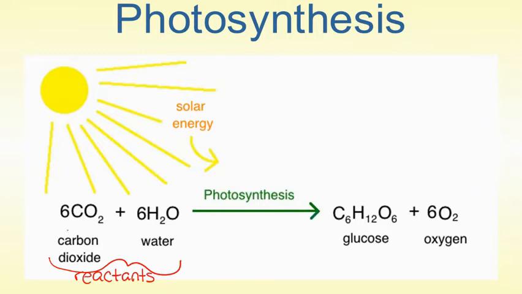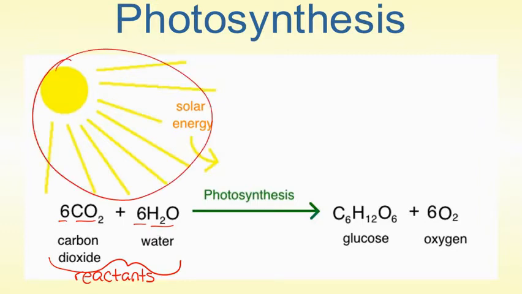Plants need 6 molecules of carbon dioxide, CO2, and 6 molecules of water, H2O. And they also need the energy from the sun. With all of that, photosynthesis can occur.